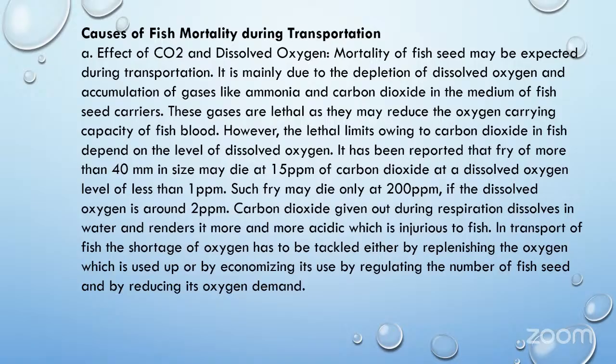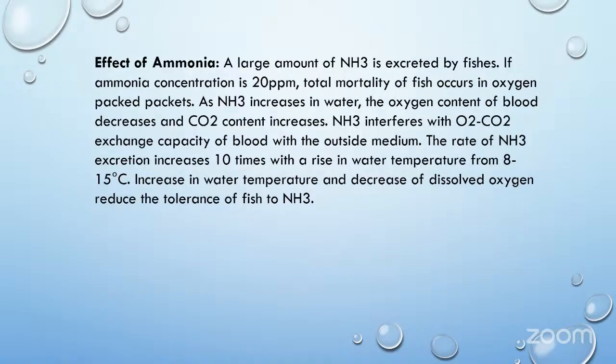If the dissolved oxygen is around 2 ppm, carbon dioxide given out during respiration dissolves in water and renders it more and more acidic, which is injurious to fish. In transport of the fish, the storage of oxygen has to be tackled either by replenishing the oxygen which is used up or by economizing its use by regulating the number of fish seed and by reducing its oxygen demand.